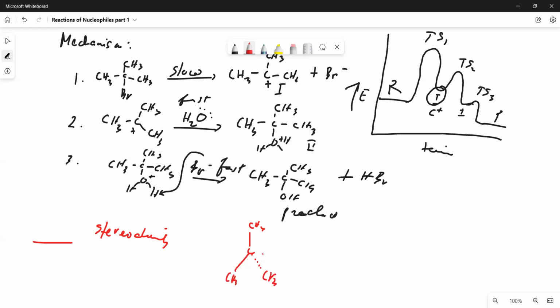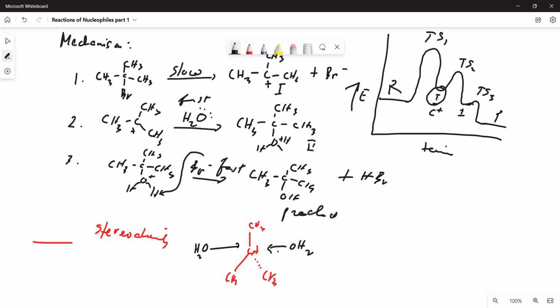CH3 plus, because the bromine has left the carbon. So you notice here that your water can attack here. It can also attack in front. Unlike in SN2, it can only attack at the back. Here, it can attack at the back as well as front.